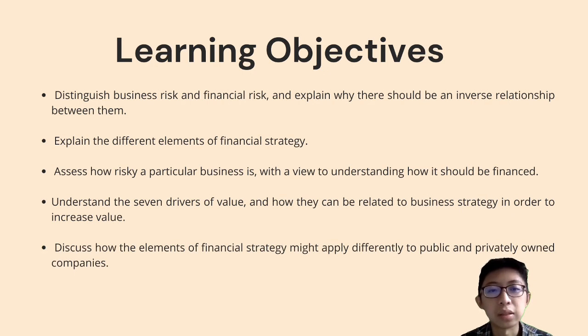Third, assess how risky a particular business is with a view to understanding how it should be financed. Fourth, understand the 7 drivers of value and how they can be related to business strategy in order to increase value. Last, discuss how the elements of financial strategy might apply differently to public and privately owned companies.